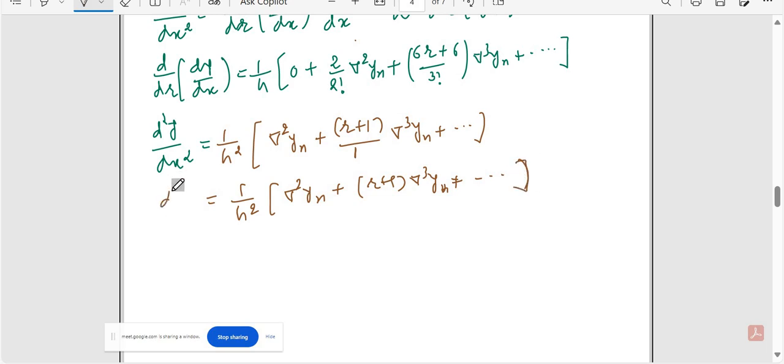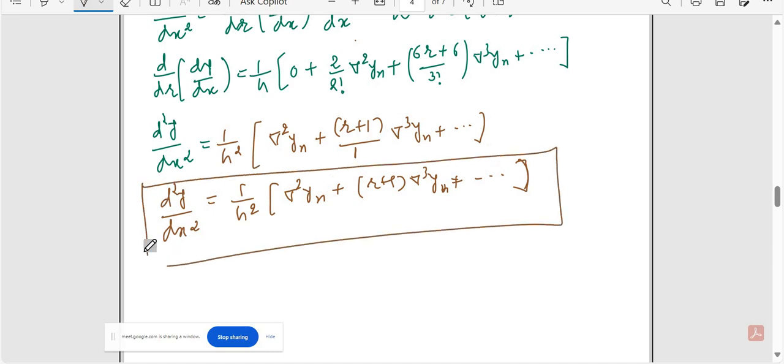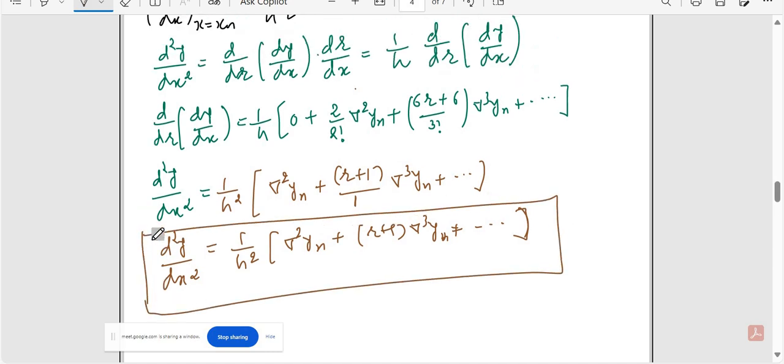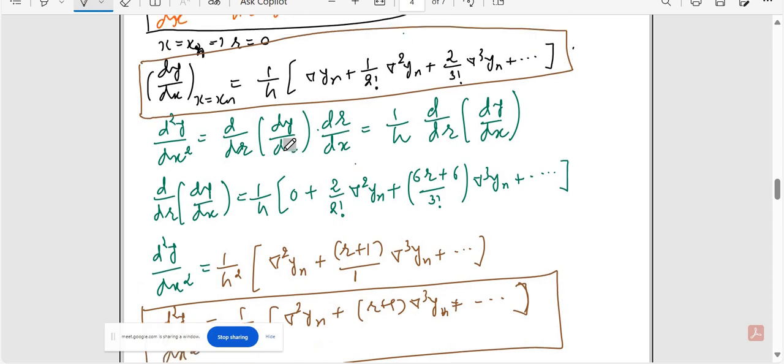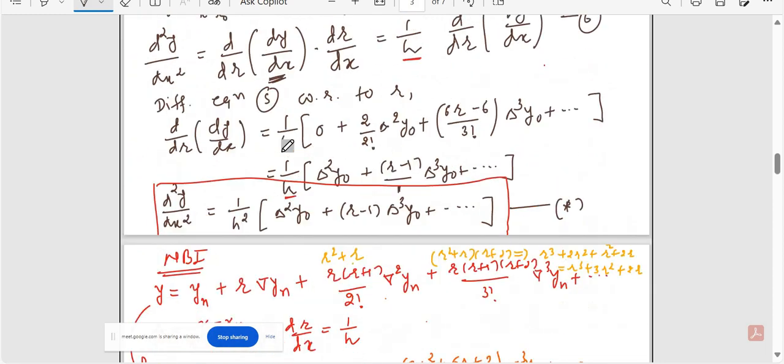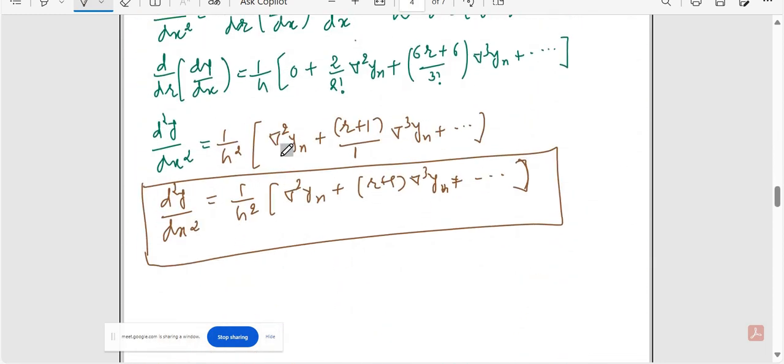Okay, so is there any doubt, any question in the derivation of d square y by dx square and dy by dx with the help of Newton's backward interpolation formula? Any question? No, sir. Okay, so we stop here. What about others? No, sir.